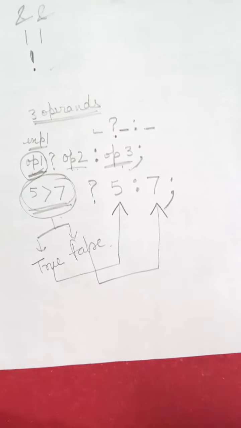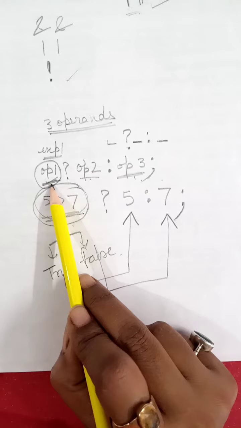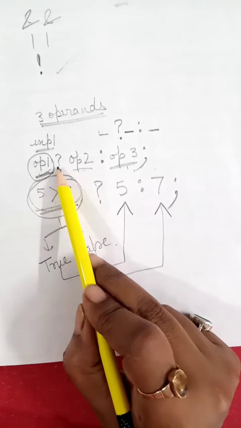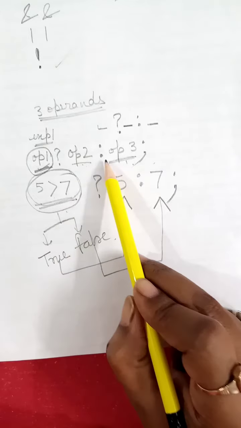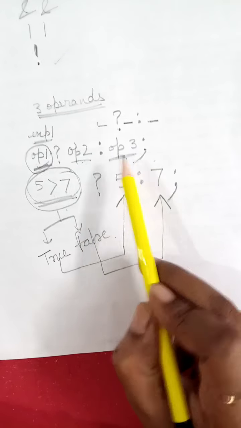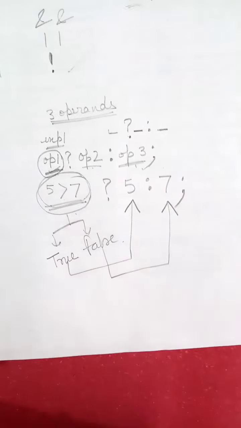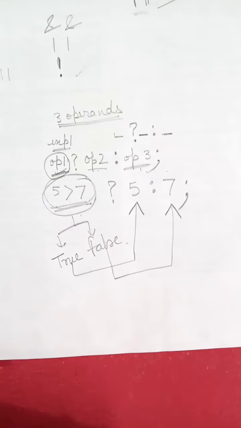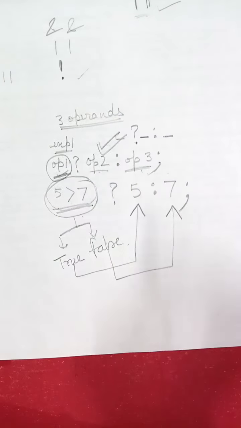Very simple. Three operands will be there. The first operand will be a condition, followed by a question mark, then the second operand, a colon, and the third operand. If the condition is true, then the second will be the result.